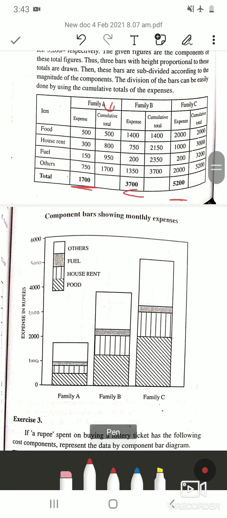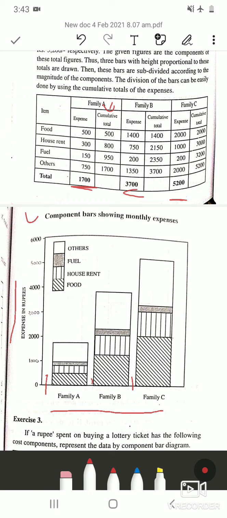So here on the x-axis we have taken family and along the y-axis it is expense in rupees and the title is component bars showing monthly expenses. So you can take the scale of your choice and make sure the difference between consecutive rectangular bars is the same and the width of a rectangular bar is also the same.